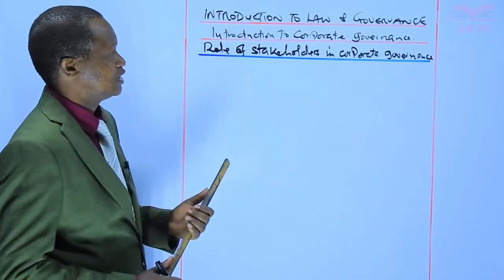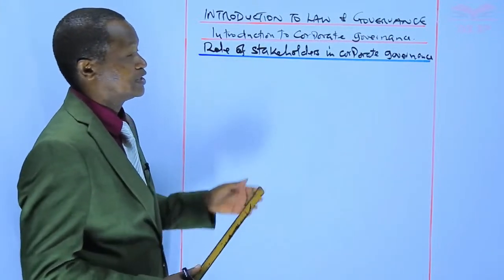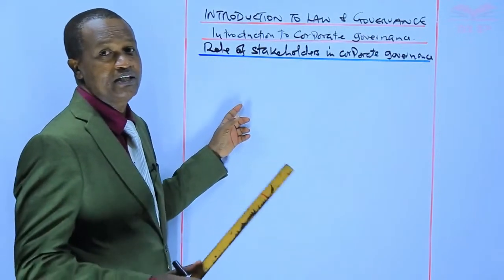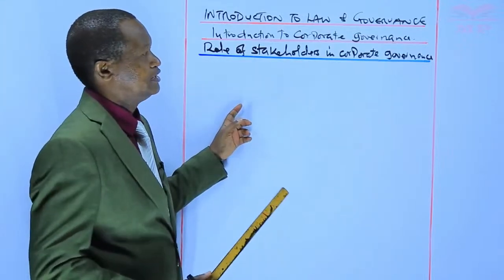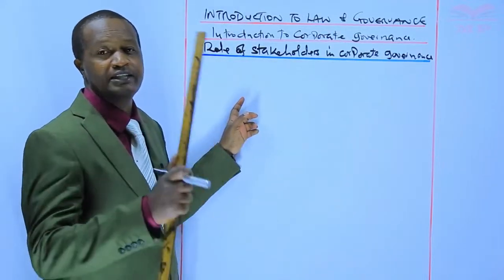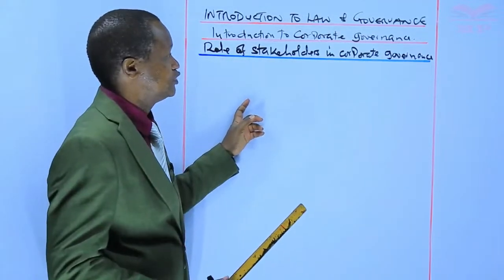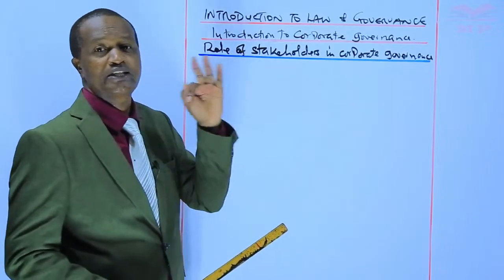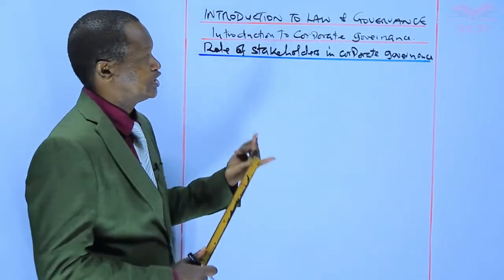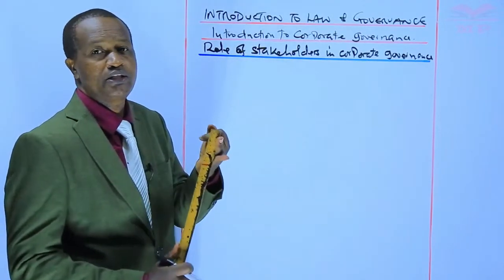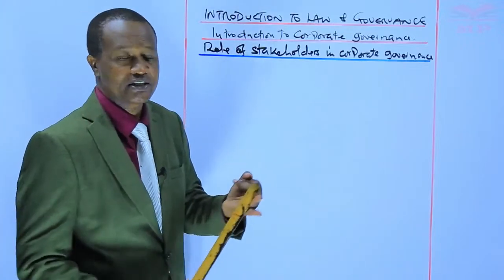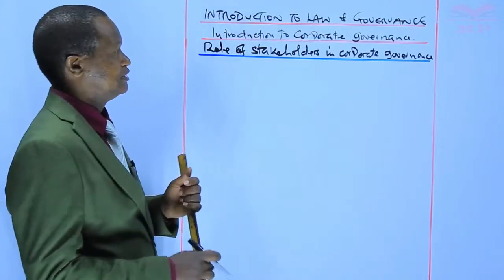In today's session, we are going to study roles of stakeholders, specifically the shareholders, the directors, and the government. We will restrict our study to 3 stakeholders. Number 1, the shareholders. Number 2, the board of directors, and number 3, the government.